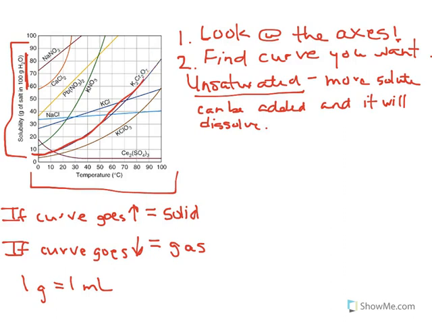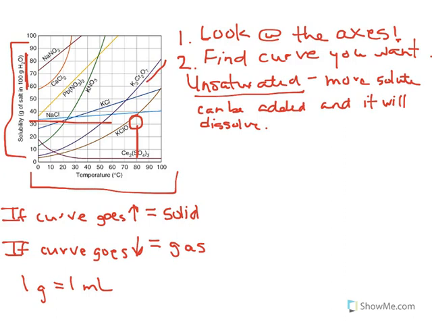I'm gonna erase what I just drew so we can actually see the curve, but I wanted you to see which one I'm talking about. Let's look at that curve real quick. If I said that I had 30 grams at 80 degrees Celsius, that would be, here's 80 degrees Celsius, I'm going to follow that up to the 30 grams. Okay? This is below the curve.